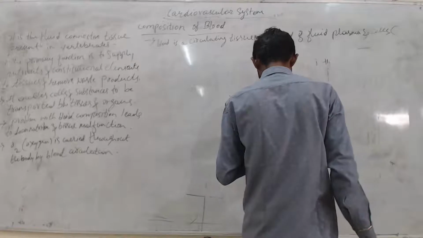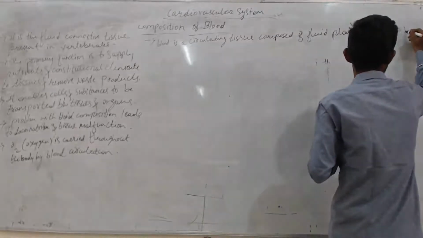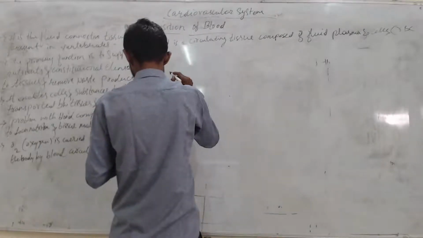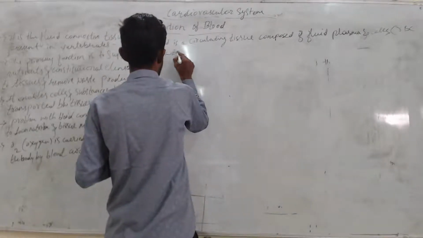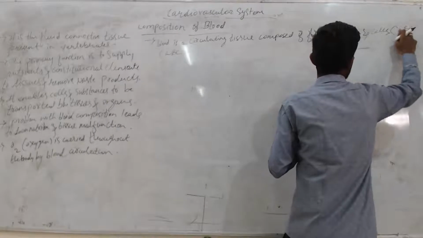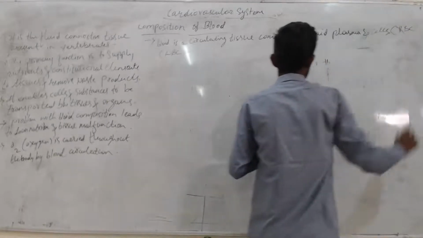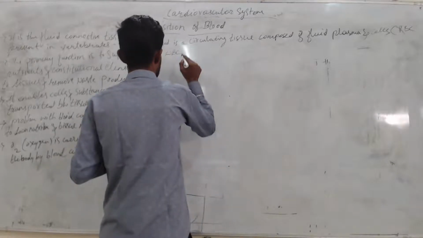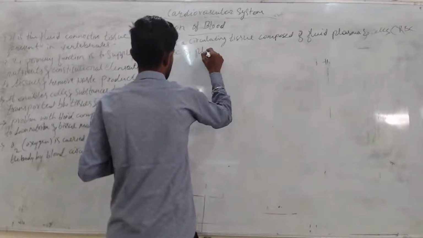Cells means red blood cells, RBC, WBC, and platelets.